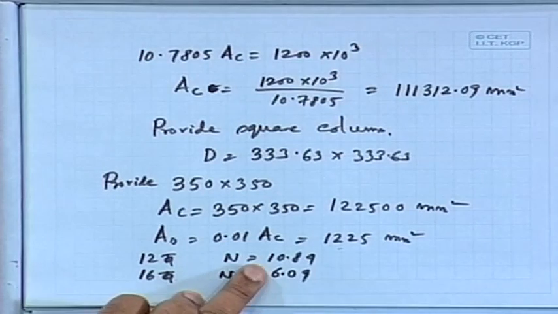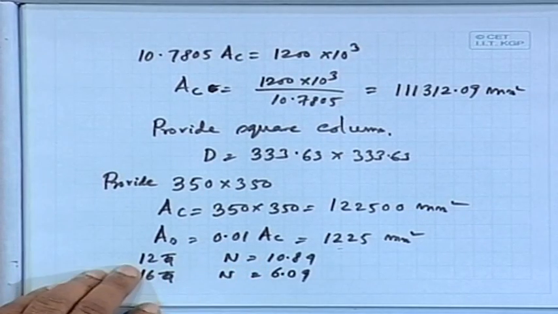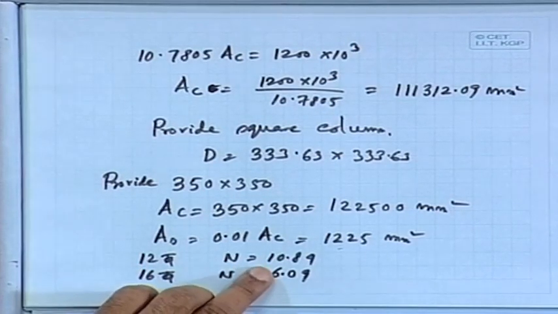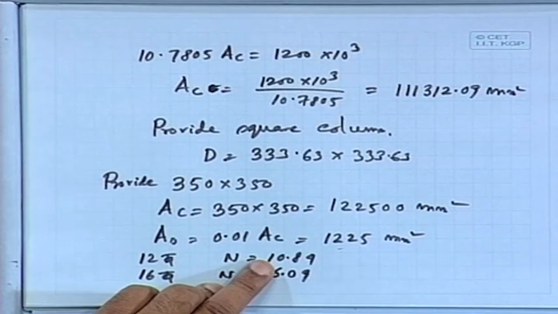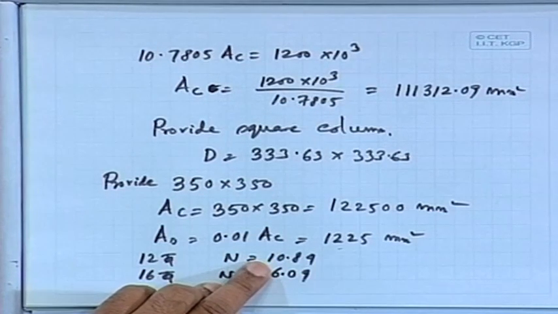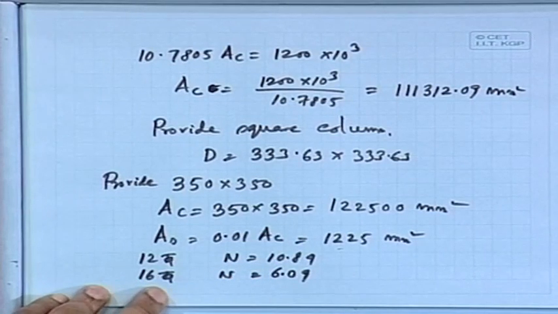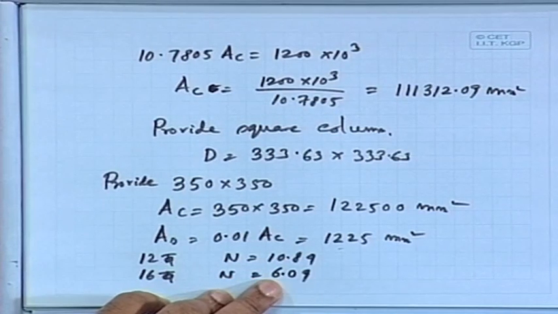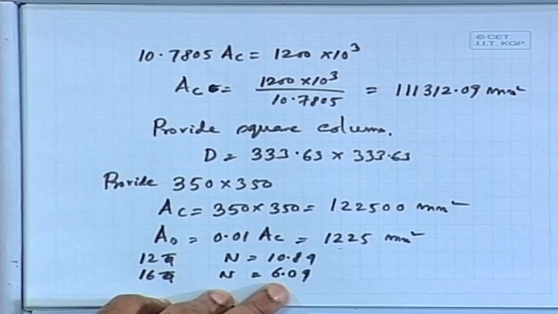What you have to do here, if we go for say 12 torr, then we have to go at least 12 numbers, because 11 numbers we cannot provide. So, we have to provide say 12 numbers. If we go for say 16 torr, then 6 numbers is not possible. So, at least we have to provide say 8.